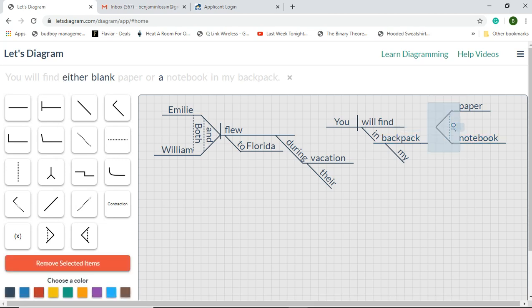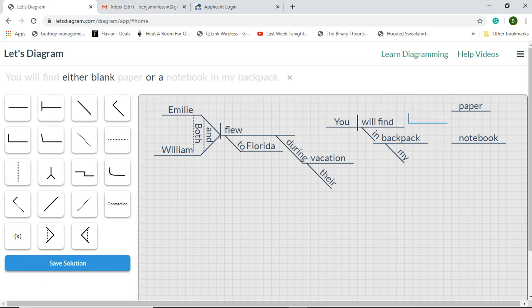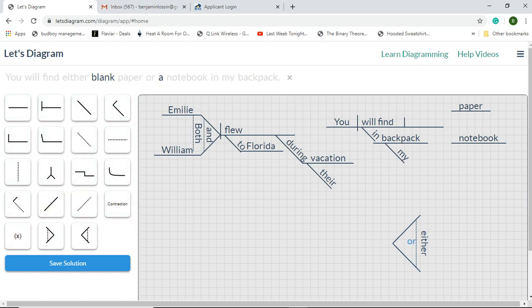Again, it's going to do that thing where it doesn't want me to set it up the correct way. So, come in here. I hope it works.